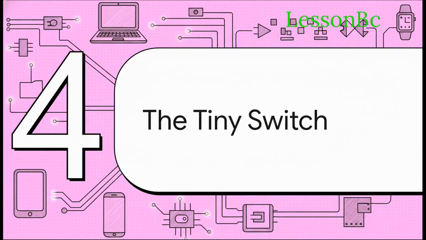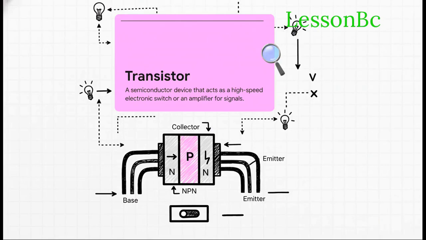So what can you build when you strategically combine these two new types of materials? Well, you can build the single most important invention of the 20th century, the device that underpins our entire digital world. It's called the transistor. By creating a sort of sandwich of N-type and P-type materials, we can make a device that acts like a tiny solid-state switch with absolutely no moving parts.